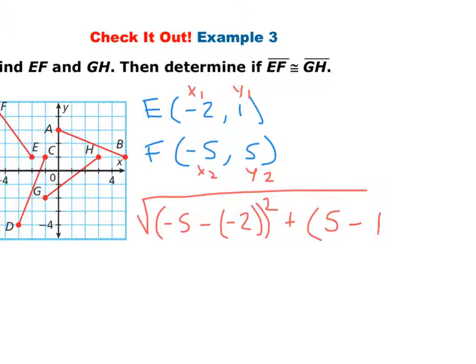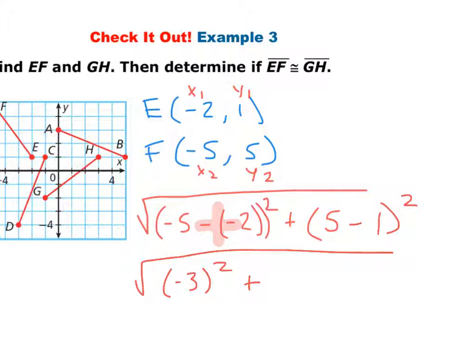So minus 1 squared. This will be the square root of what's negative 5 minus negative 2. Remember, you make this a big plus sign. So negative 5 plus 2, negative 3.